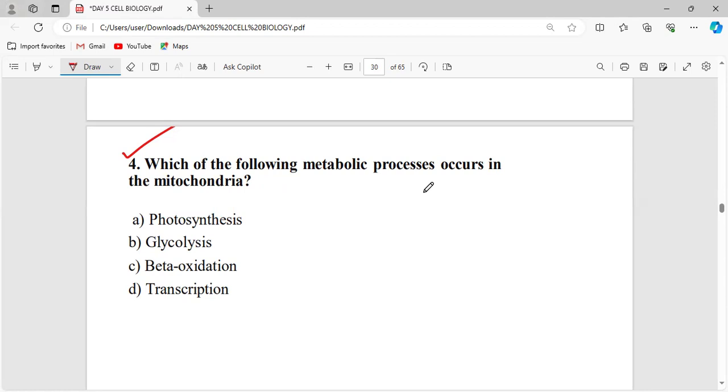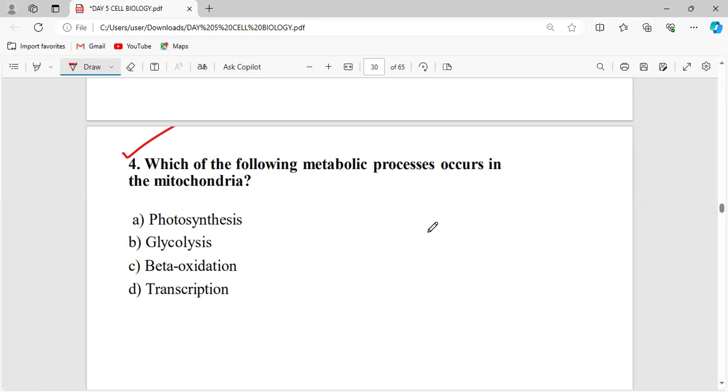Generally, what will be the functions of this mitochondria? Oxidative phosphorylation, electron transport, and ATP synthesis will be happening in the mitochondria, as well as the synthesis of amino acids and some of the heme groups. Also the regulation of calcium concentration, and certain apoptotic events. All these processes will be happening in the mitochondria.